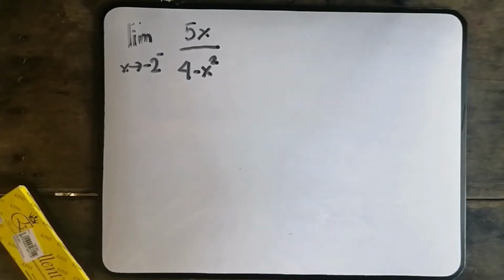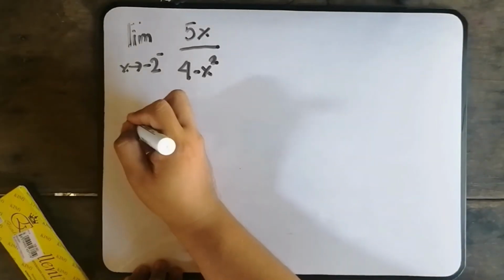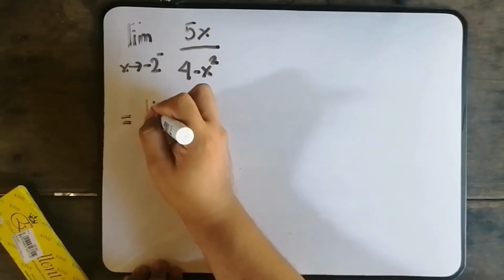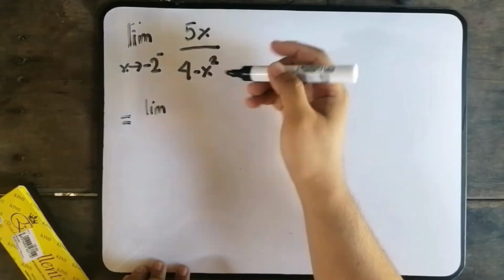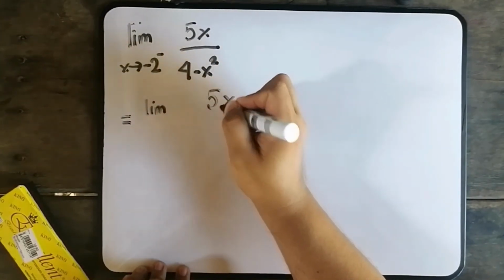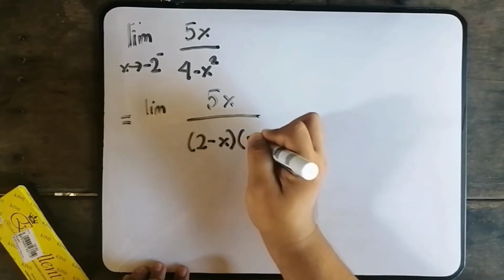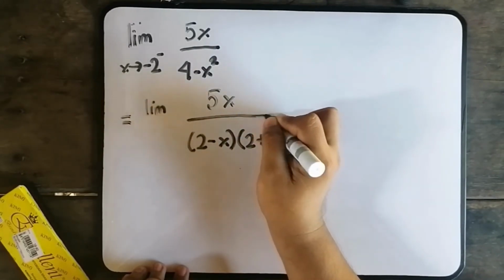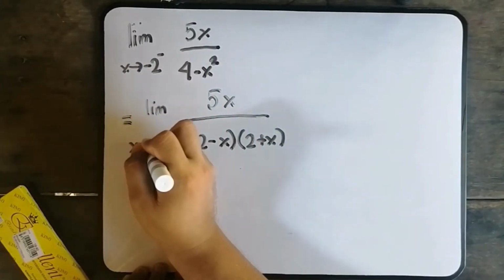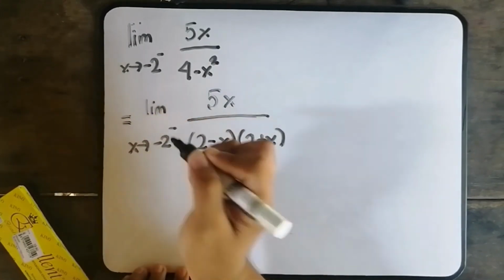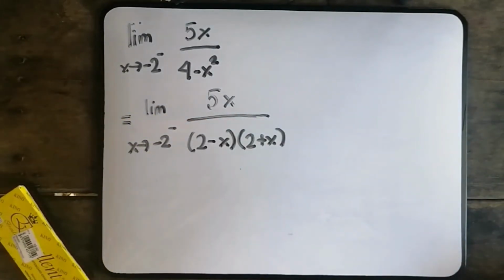Now, let's take a look at this example. The limit of 5x over 4 minus x squared as x approaches negative 2 from the left. Notice that we can actually factor out yung nasa baba. So that becomes 2 minus x and 2 plus x, as x approaches negative 2 from the left.